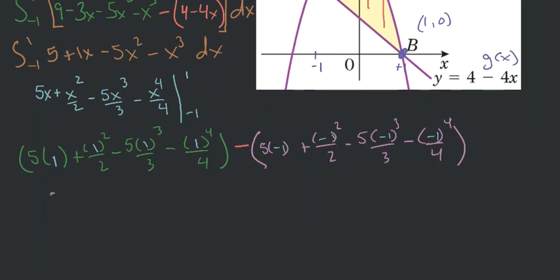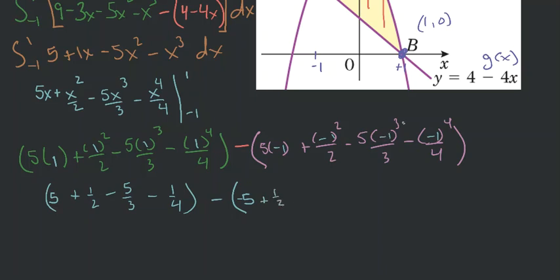So what will that yield for us? That will produce a 5 plus a 1/2 minus 5 over 3 minus 1 over 4. All of that, and here's where a lot of students make sign errors, and I just about made one. That's going to be minus 5. This minus 1 squared is positive 1, so we're going to have plus a half.